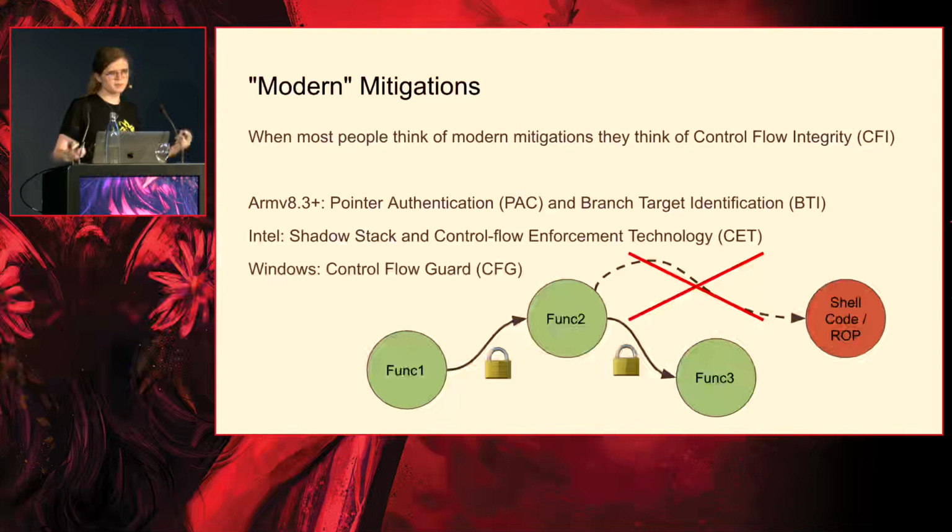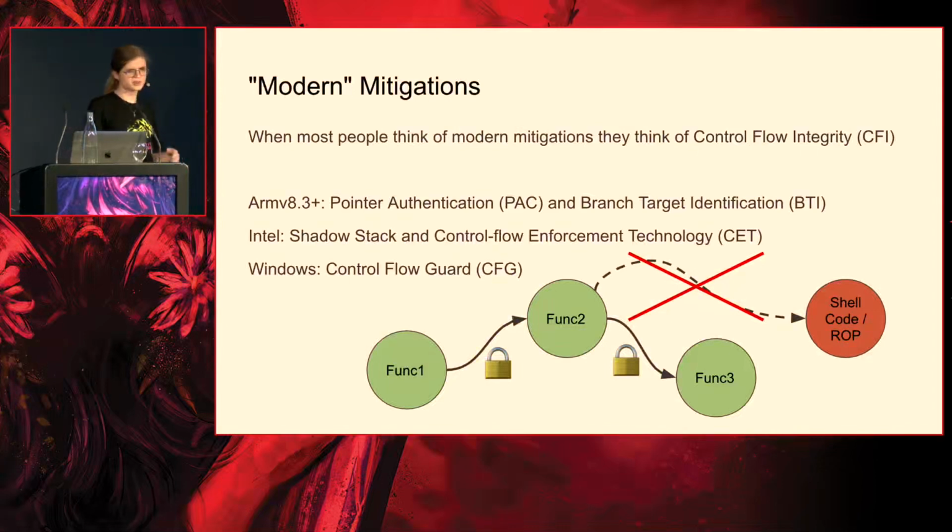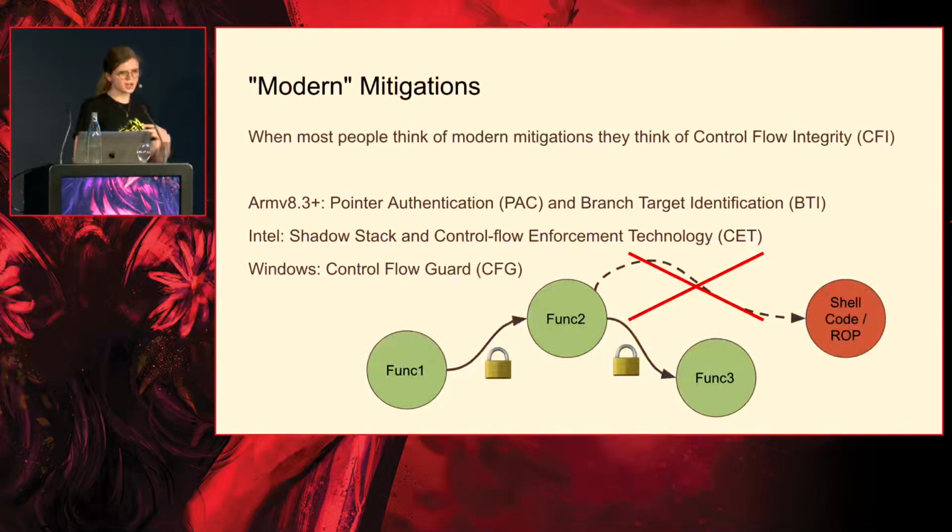But what about more modern mitigations? When we're thinking about modern mitigations, we're usually thinking about control flow integrity or control flow enforcement. This gives us a couple of different ways to prevent code from jumping to an unexpected area, either to shellcode or to a ROP chain.